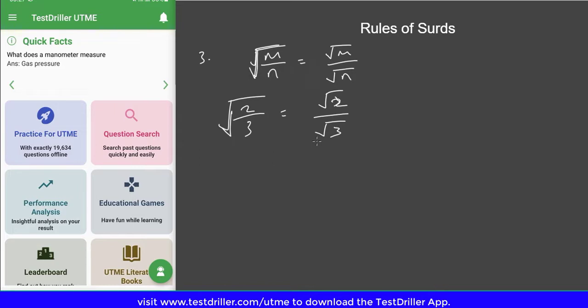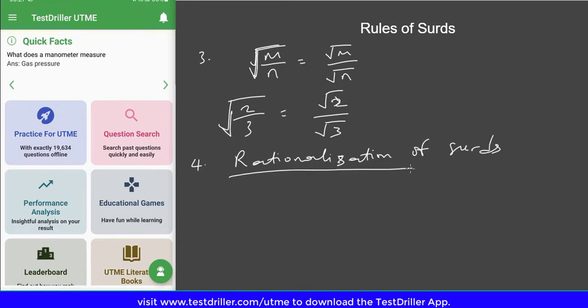Now we look into a fourth concept, which is known as rationalization of surds. So let's break this grammar, rationalization. The word rationalization came from the word rational.